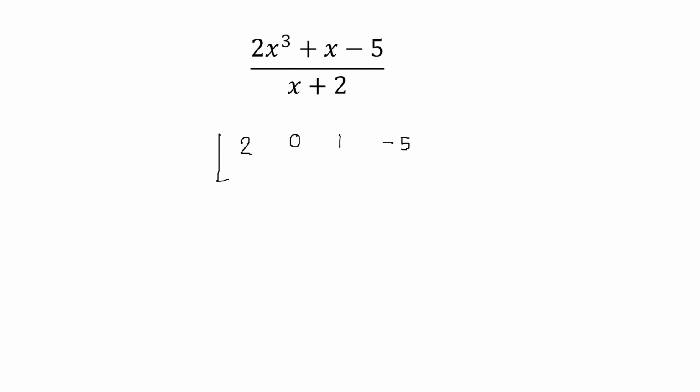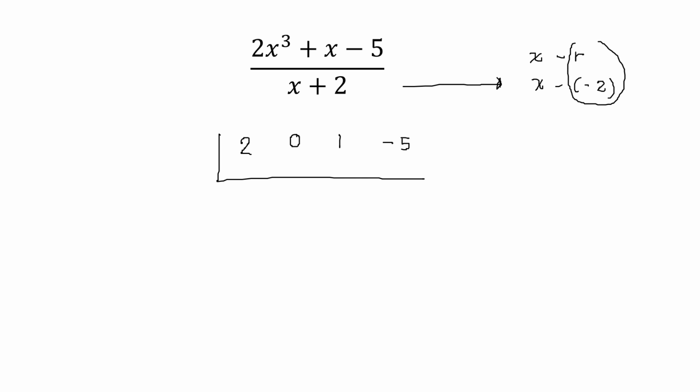Now for the divisor, as I've said, it should be in this form. So x plus 2 can be written as x minus negative 2. So our r must be negative 2. So let's write it here, negative 2.